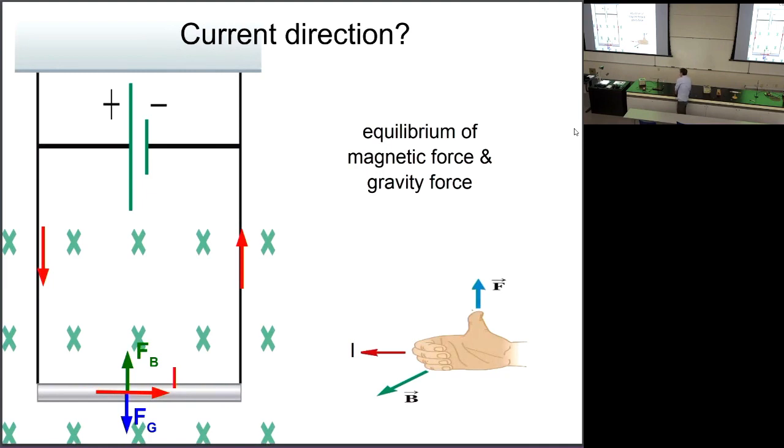Okay, so let's first make sure we understand physically what's going on through understanding the direction of the current. Of course, gravity is pulling the horizontal wire down towards the floor. It must be, therefore, that magnetism is lifting the wire up towards the ceiling.